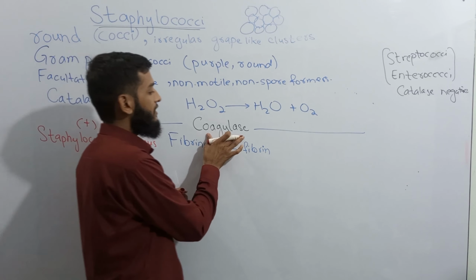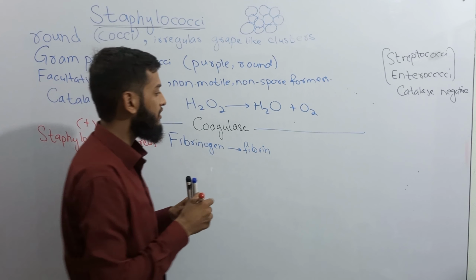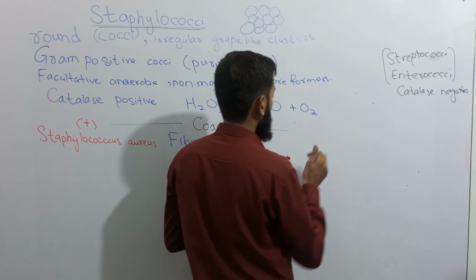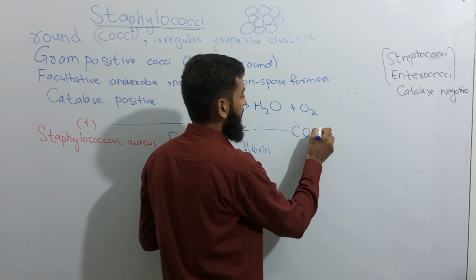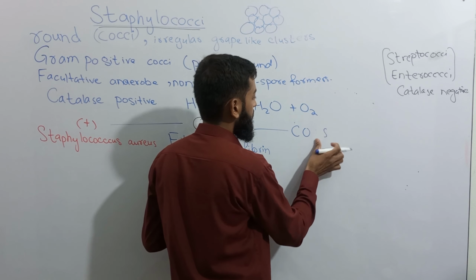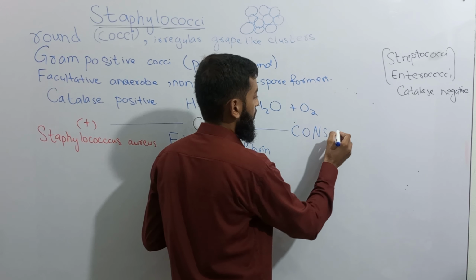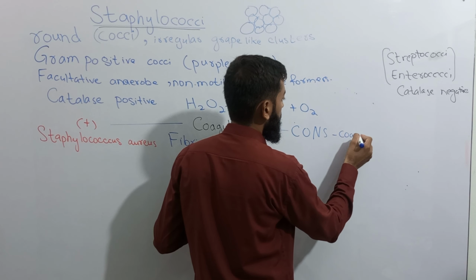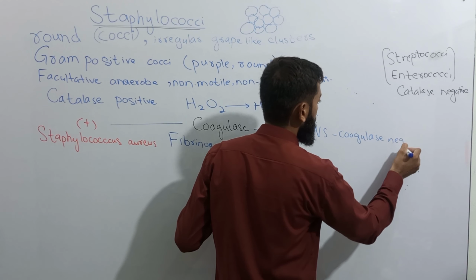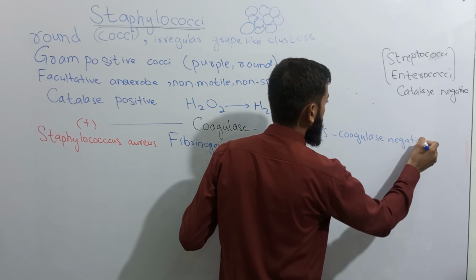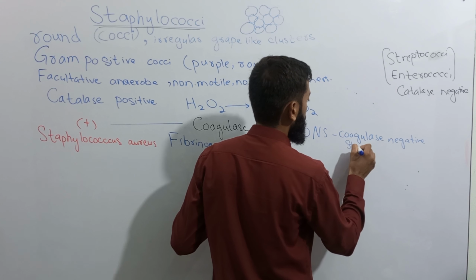whereas those staphylococci that do not contain the coagulase enzyme are known as CoNS, C-O-N-S, Coagulase Negative Staphylococci.